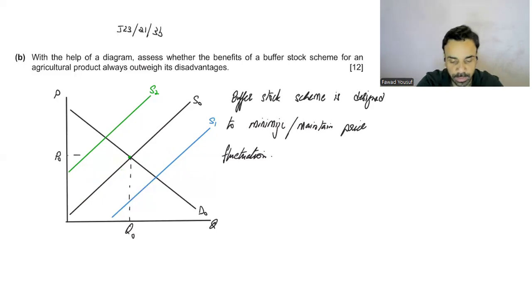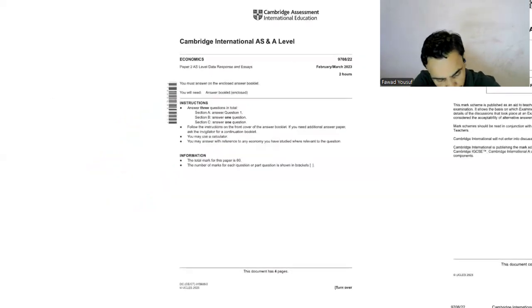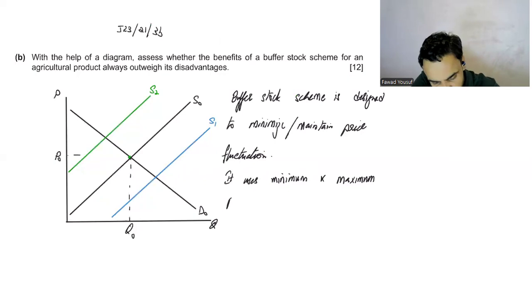So basically what we should be saying is कि ठीक है जी buffer stock is designed to minimize या maintain the price fluctuations and it uses minimum and maximum prices to maintain price fluctuation.